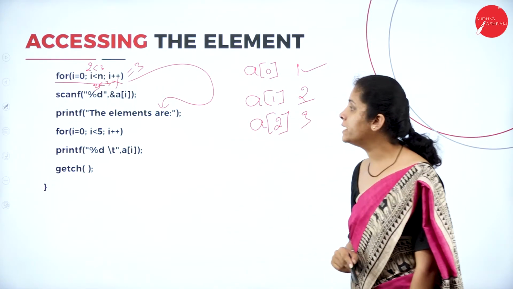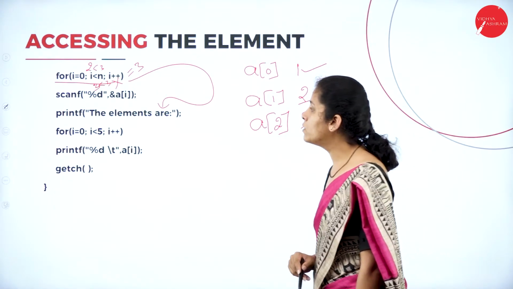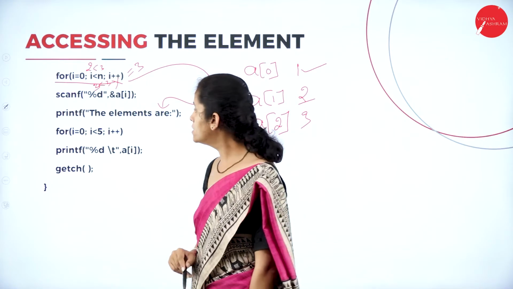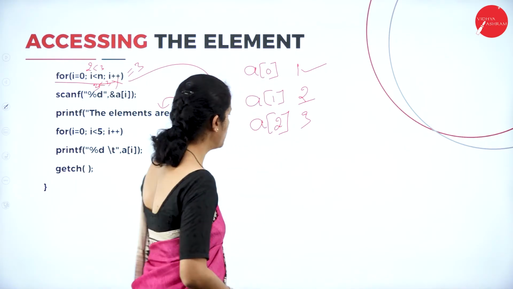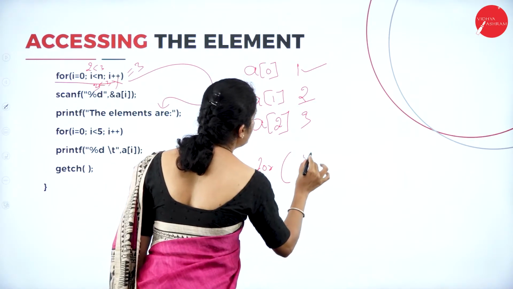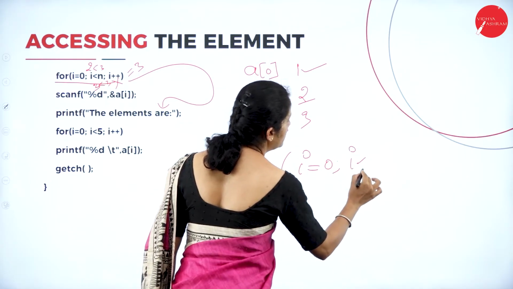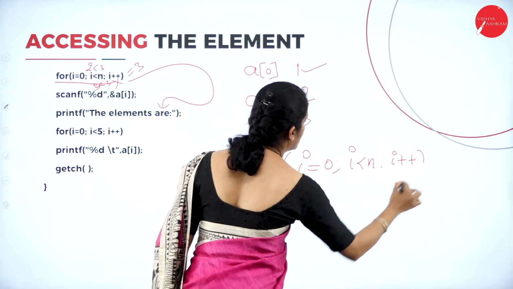Now I want to print the elements one by one. Now dear student, I'm going to have the for loop for I equal to 0, semicolon, I less than n, semicolon, I plus plus.